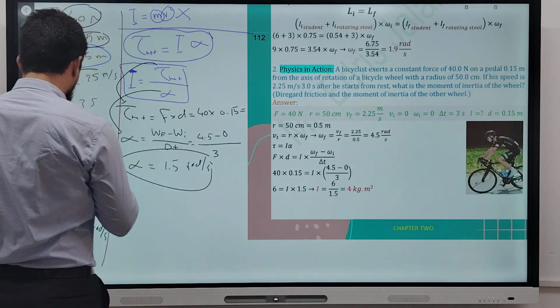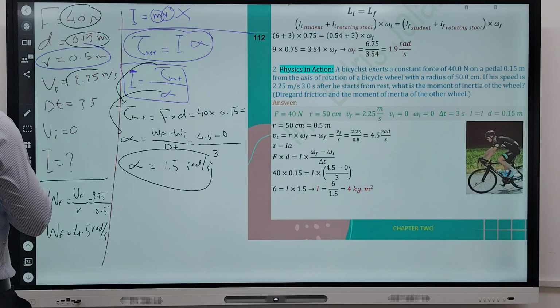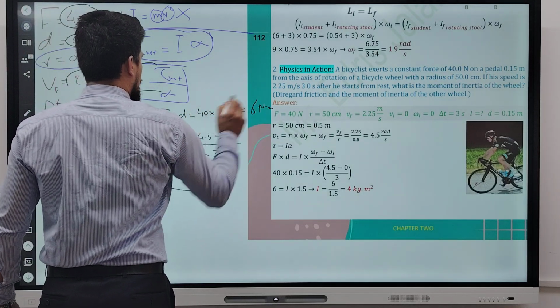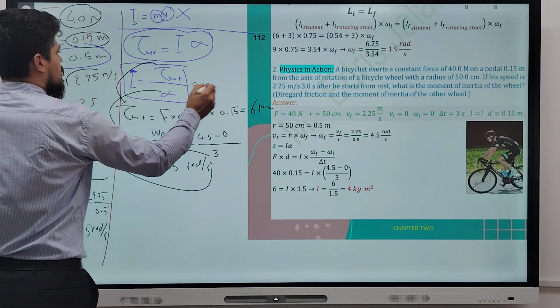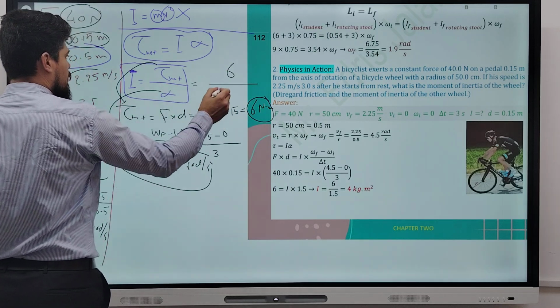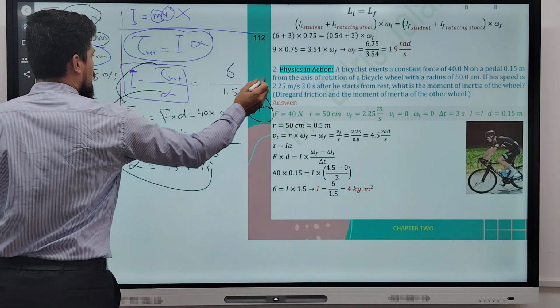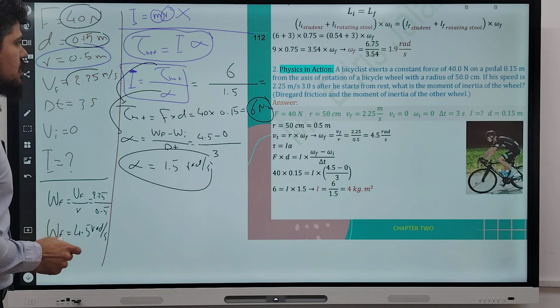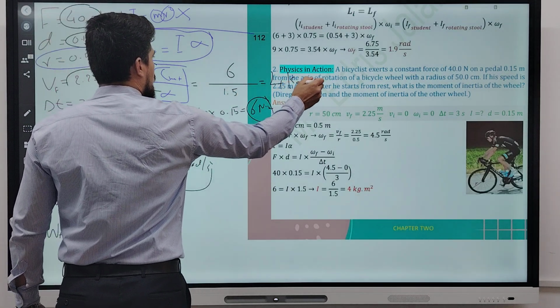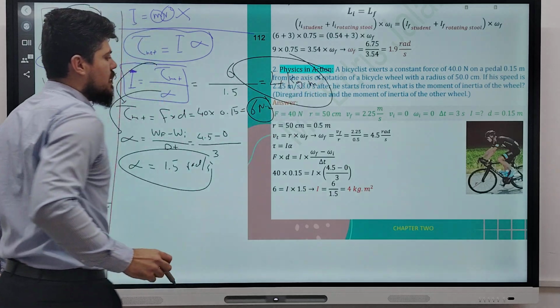40 times 0.15 is equal to 6 Newton meter. Now, replace into this equation. Net torque I found, 6, alpha 1.5. So the moment of inertia is equal to 4 kilogram meter square.